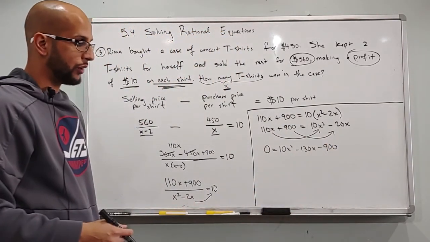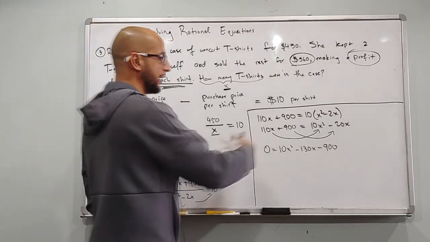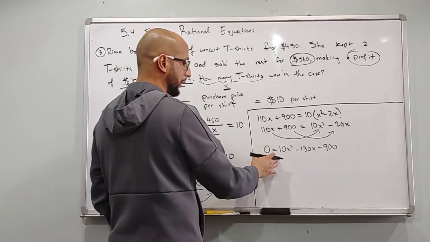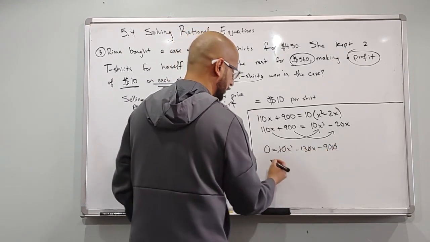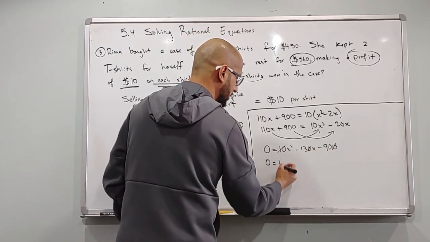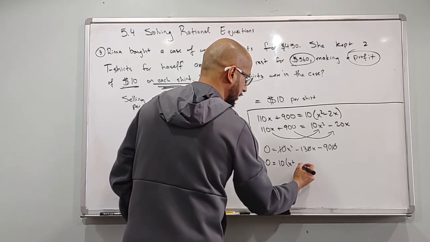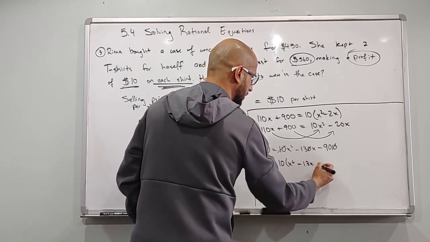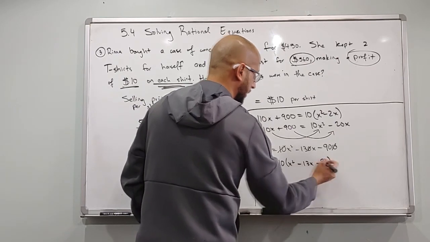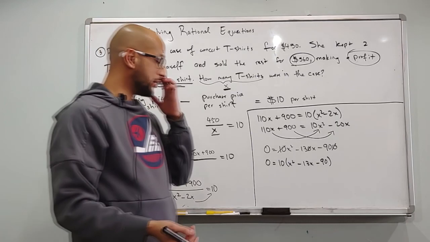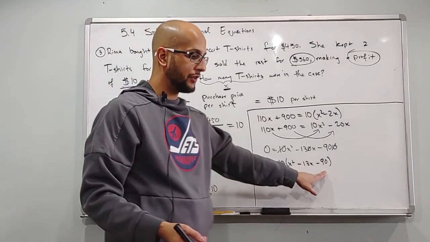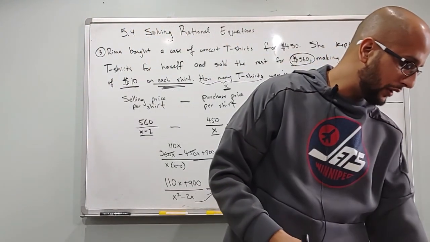Now if we divide everything by 10 right away, I know the 10 can be taken out, 13 and 90. So my equation would be 10 multiplied by x squared minus 13x minus 90. So now we need to come up with two numbers that multiply to be negative 90 and add up to be negative 13.